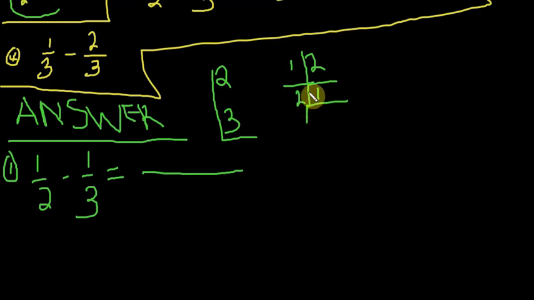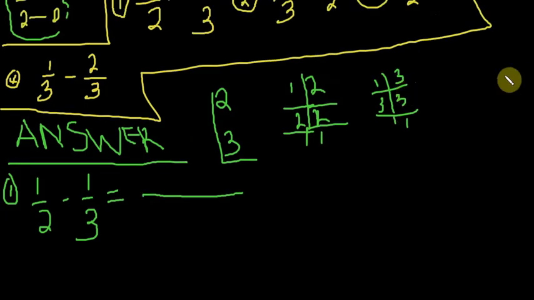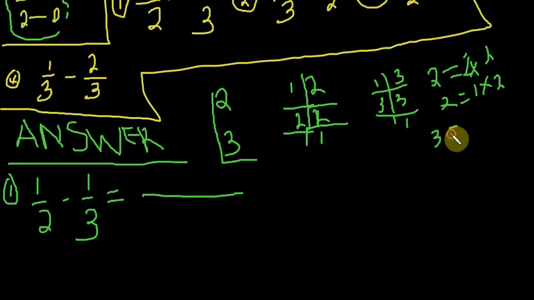The factors of 3 are 1 and 3 itself. So 2 is 1 times 2, and 3 is 1 times 3.